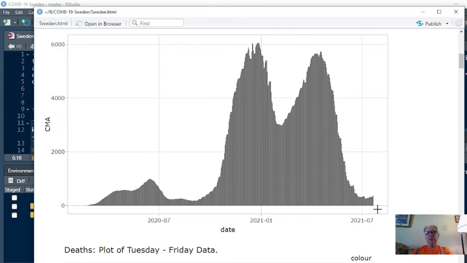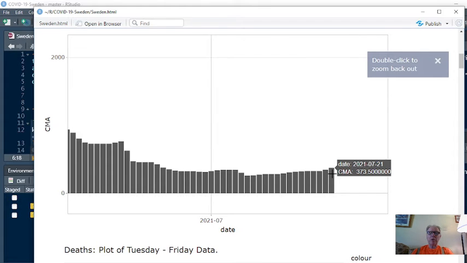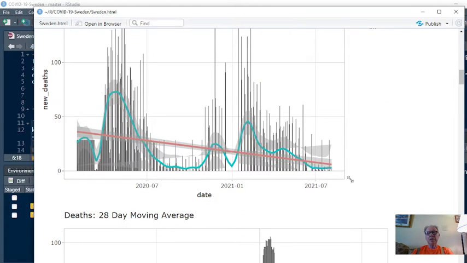As you can see here, this is a 28-day moving average, so each column is the average for the previous 28 days. For the 28-day period ending 7/21, you're averaging 373 cases per day.